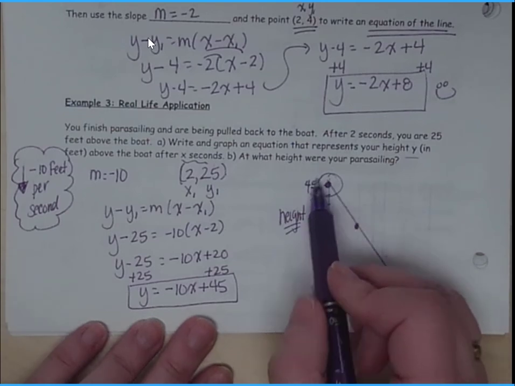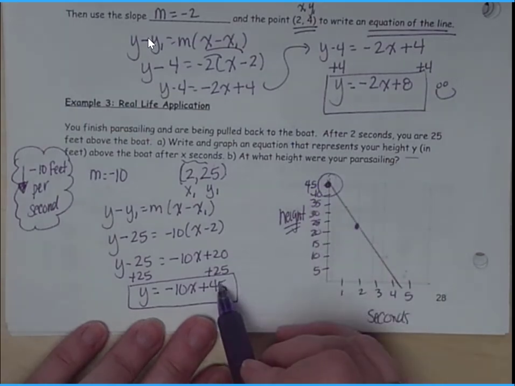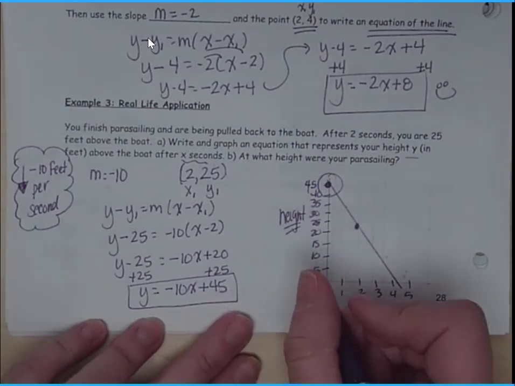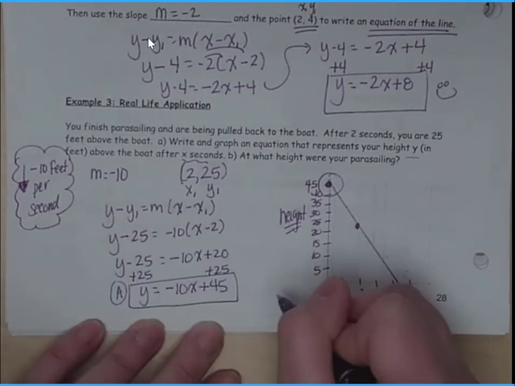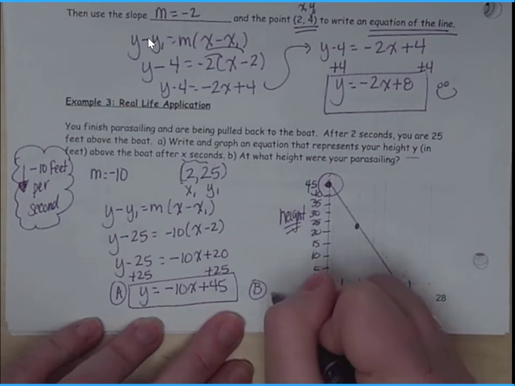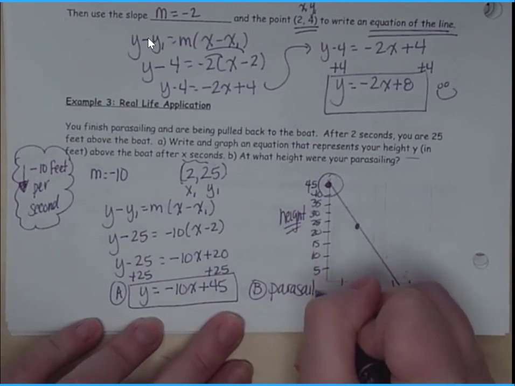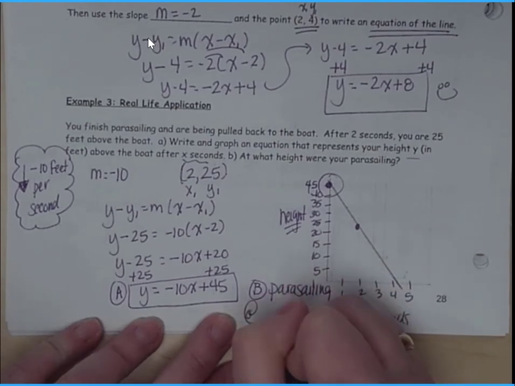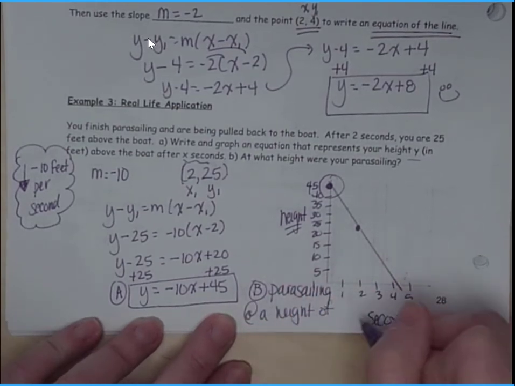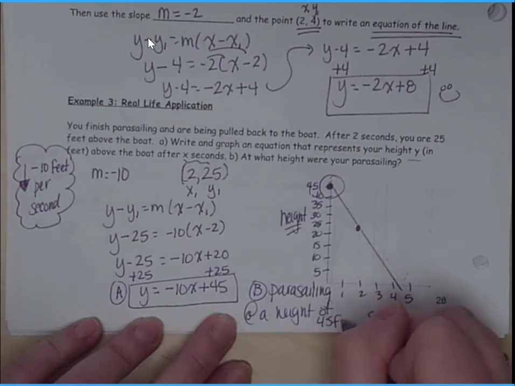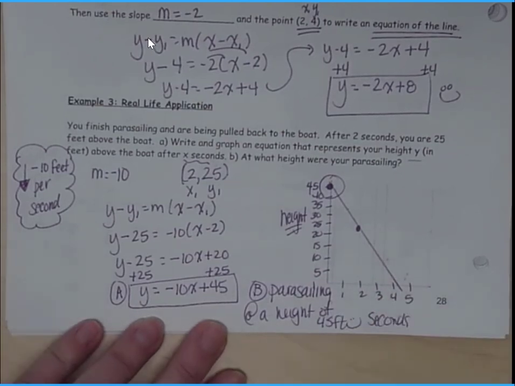Well, that is your y-intercept right here. So we were parasailing, so this is our A. So B, we're parasailing at a height of 45 feet.